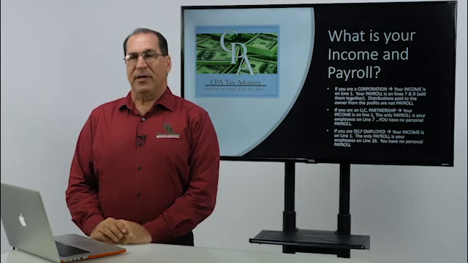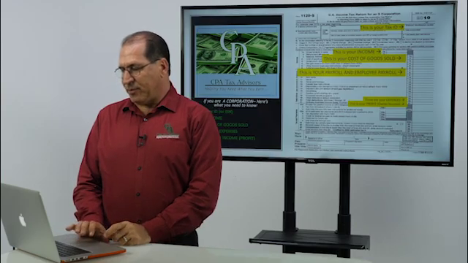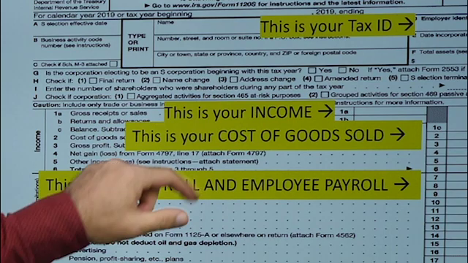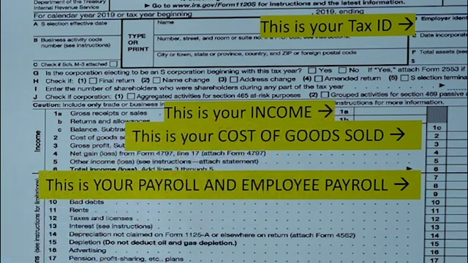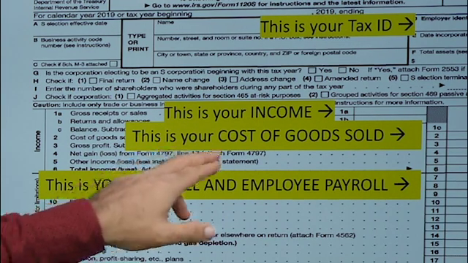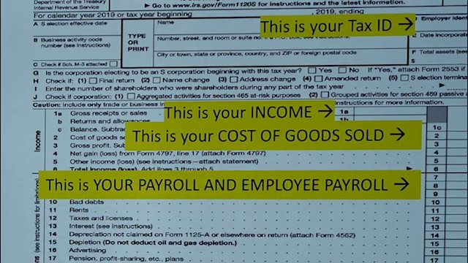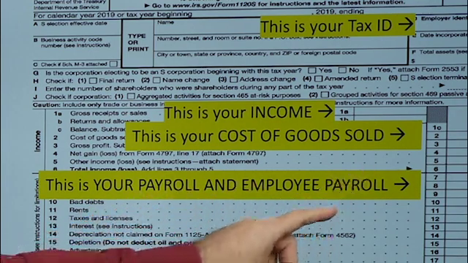If you are an S Corp, then your income will show on line 1. That will be the first question that they will ask on a PPP loan, and we'll get into what a PPP loan is later. But the second is they'll want to know what your cost of goods sold is, and you'll see that on line 2. You'll need to know your employees and your payroll.